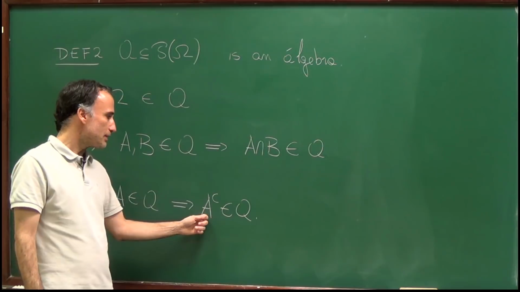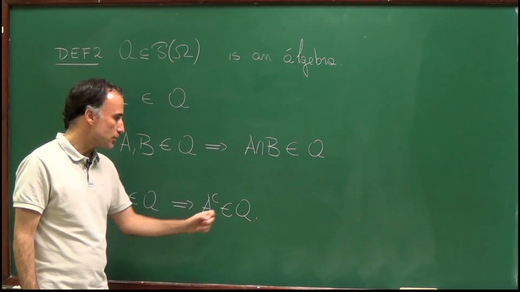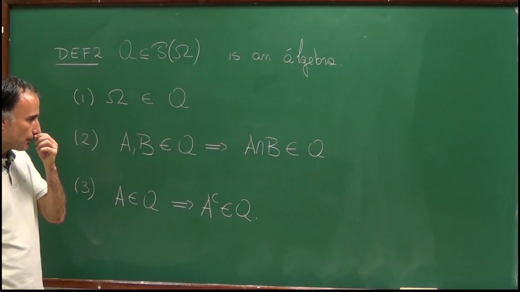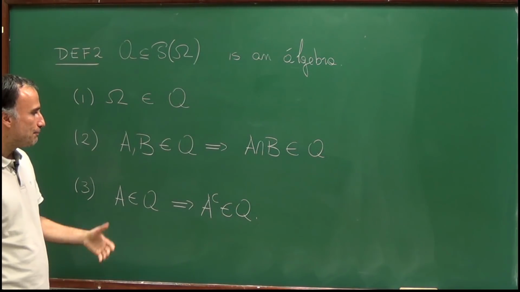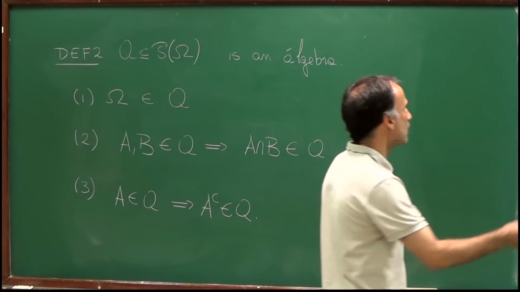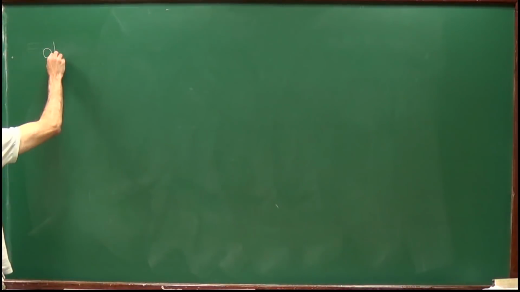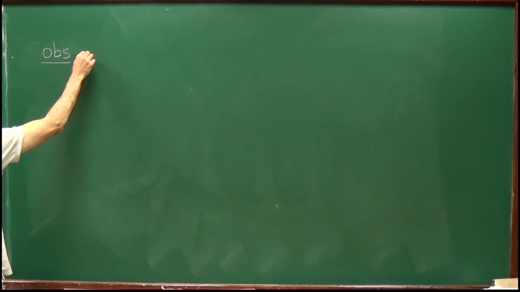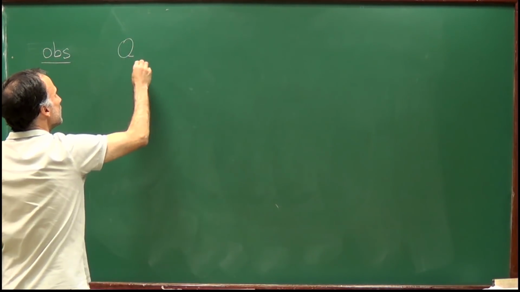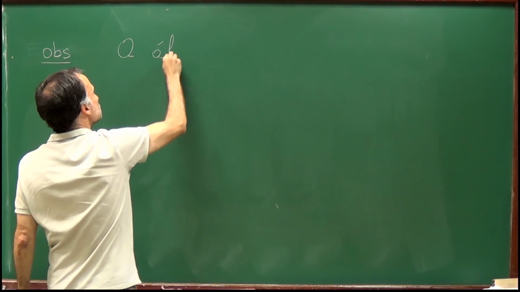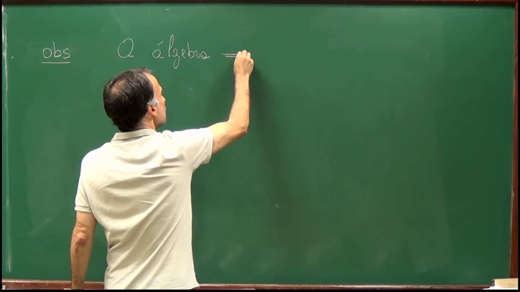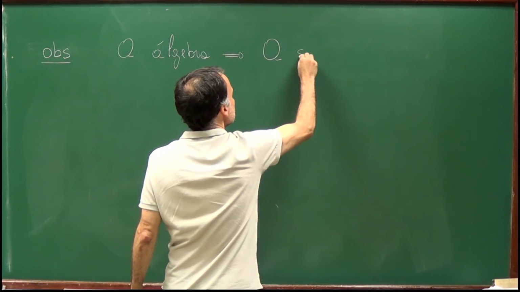We require that in fact the complement belongs to the algebra. So here is the definition, and it's clear. Let me make a very simple observation: if A is an algebra, then it's clear that A is also a semi-algebra.